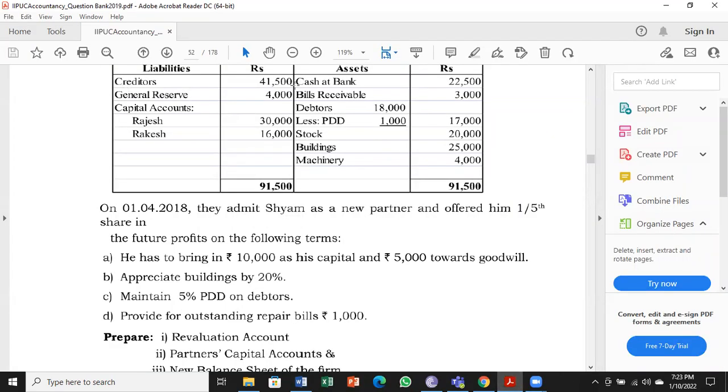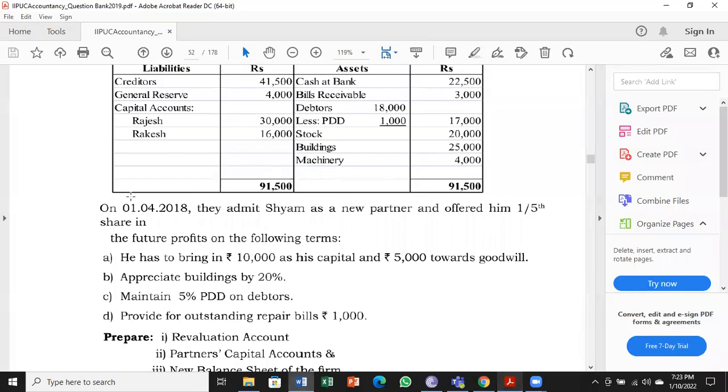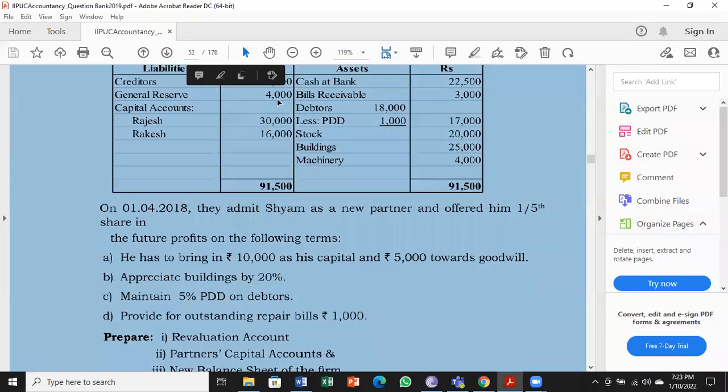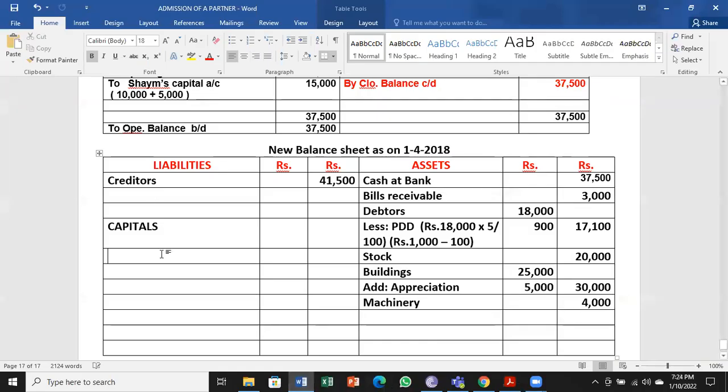Next, liabilities side, creditors 41,500. No adjustment. In the outer column straight away 41,500. Next, general reserve. General reserve 4,000 we have already given to partners, so we don't take that. Next, partners capital: Rajesh, Rakesh, and Shyam.